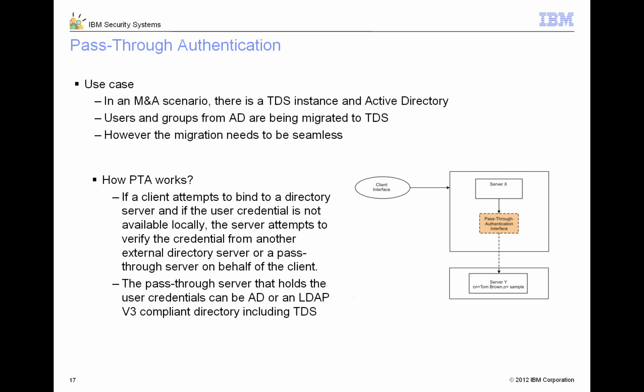But if the user credentials are not there, it will authenticate to the other external server on behalf of the client, and this external server is called the pass-through server. This authentication with the pass-through server is done on behalf of the client through the pass-through authentication interface.